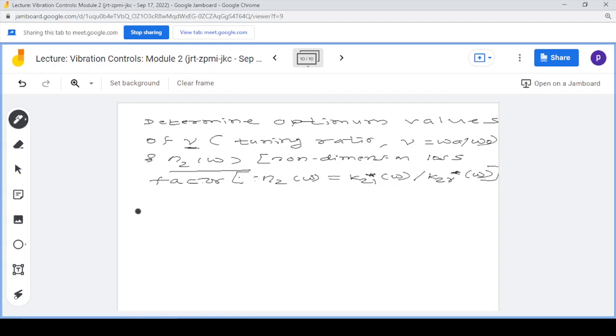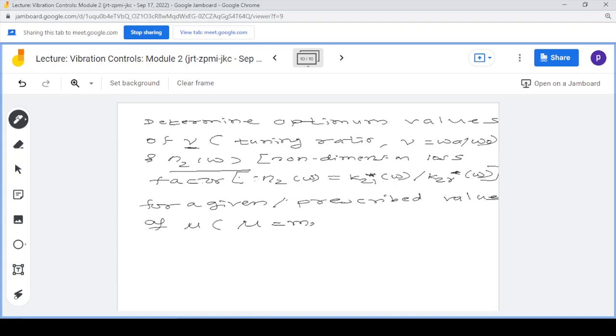for a given, that is prescribed, values of mu. And we know what is mu?